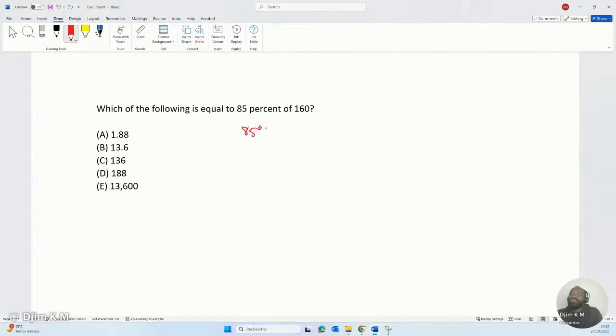So 85% of 160 is equal to 85 over 100 times 160. So this will be 85 times 16 over 10.